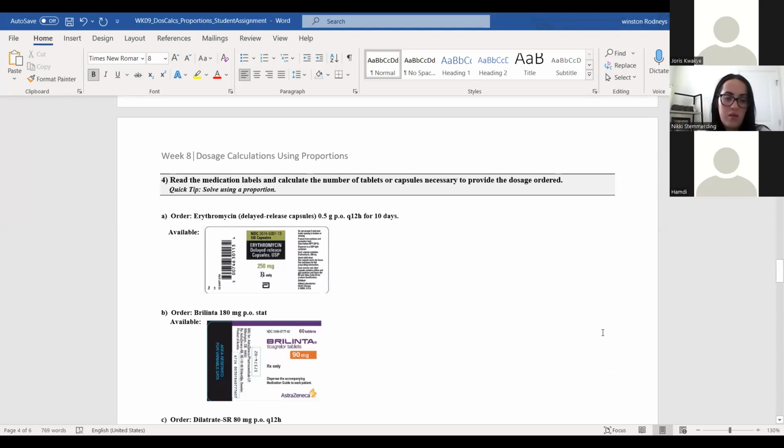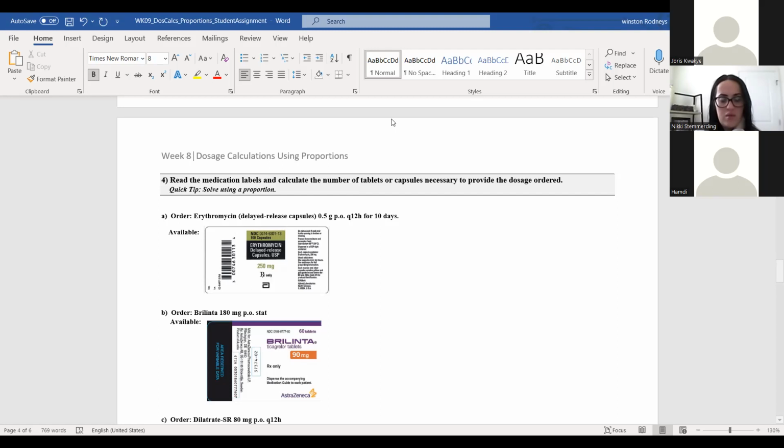It doesn't make sense to say take 500 milligrams every 12 hours or 10 days. Those are not two equivalent options. If you take it every 12 hours, then you can't take it every 10 days, because every 12 hours is twice a day, and every 10 days is every 10 days. So it should be 500 milligrams for 10 days.